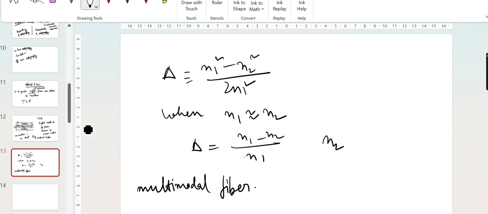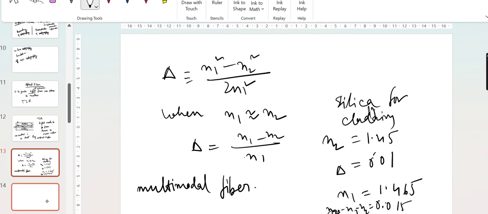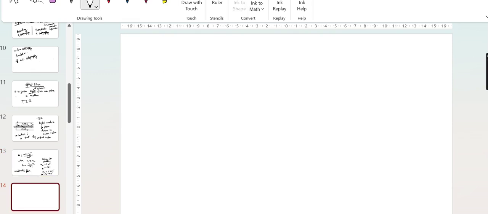So if we use silica for the cladding, then N2 is 1.45 and delta is 0.01, then N1 is 1.465. So there is a 0.015 difference between N1 and N2, that's the difference between core and cladding.